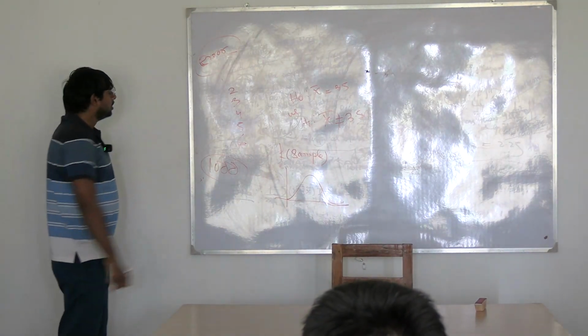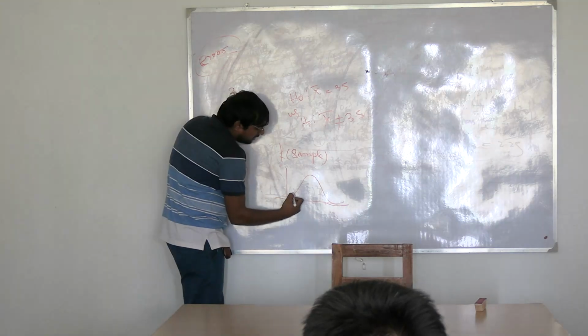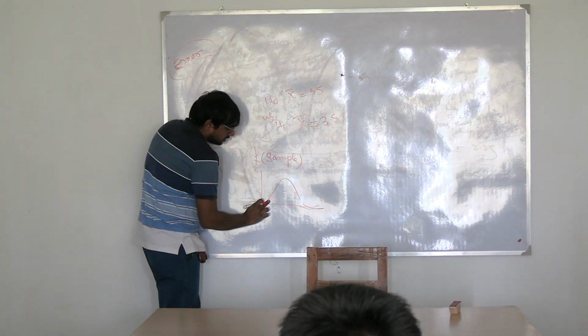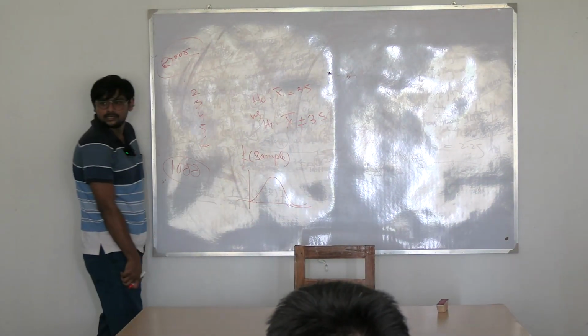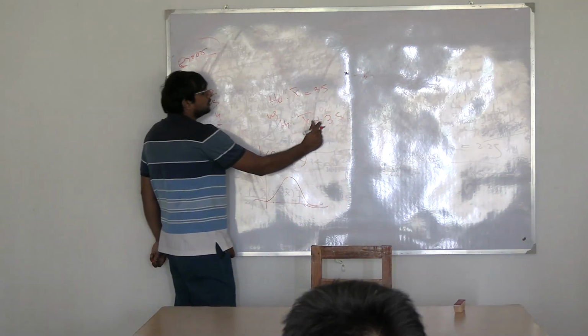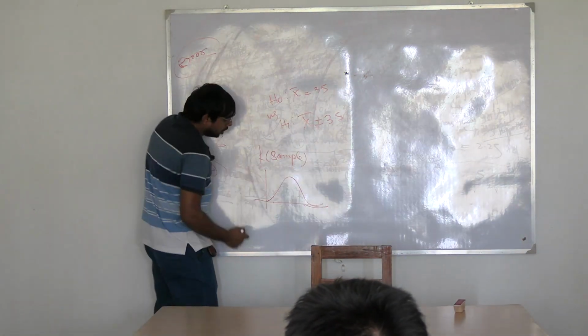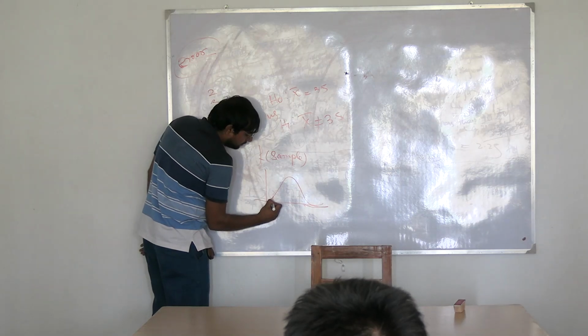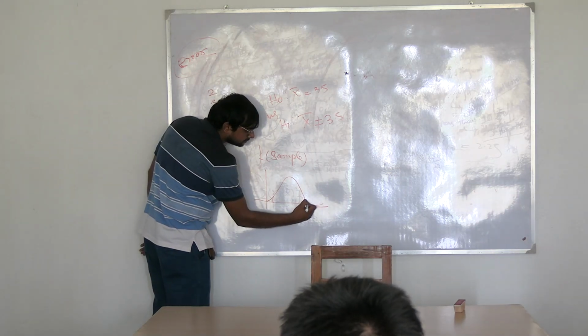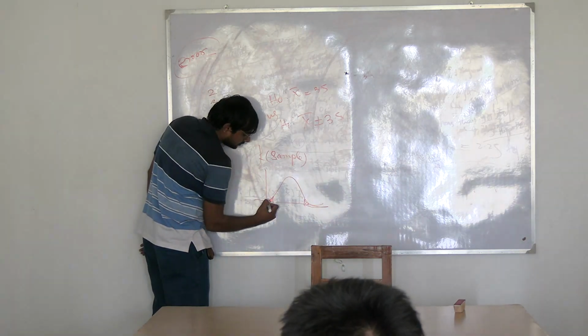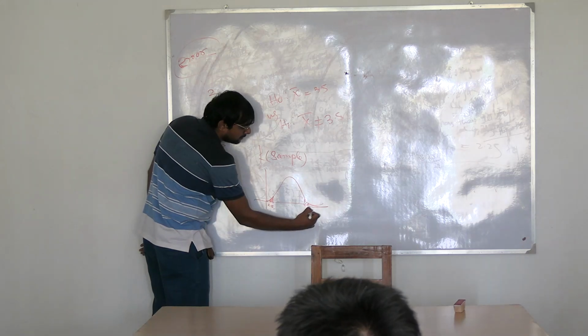Okay. So we are going to allow 5% error. And what is the alternate hypothesis? Not equal to 3.5, right? So we are going to distribute this 5% area on both the sides. 2.5% area here, 2.5% area here.